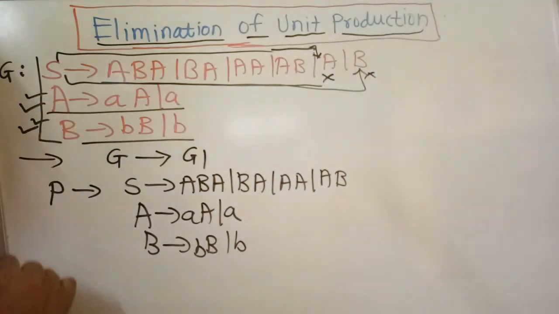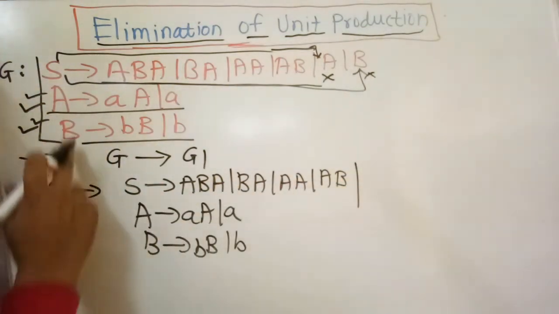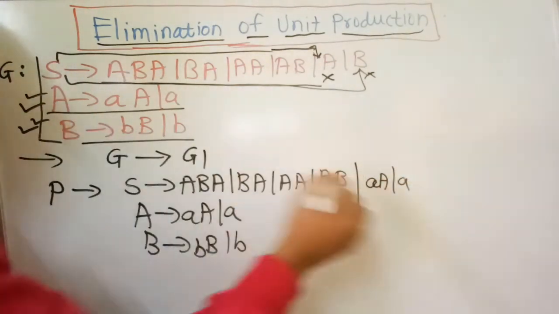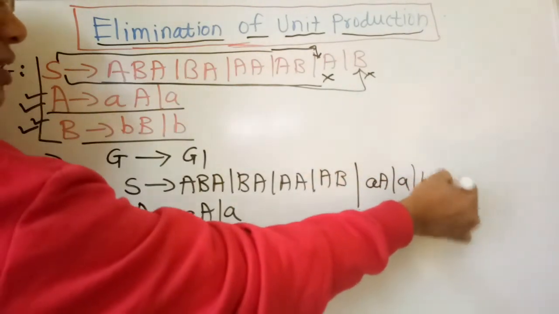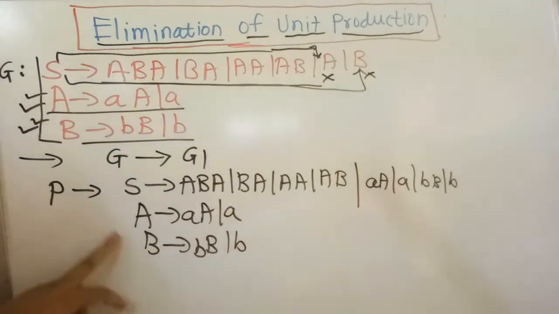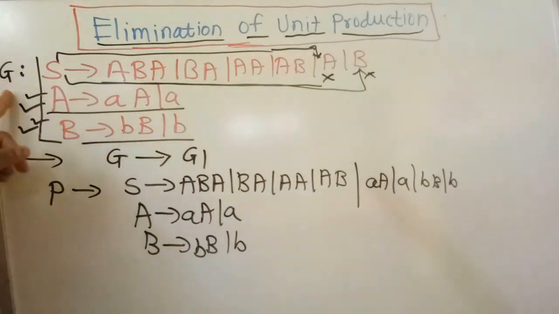So we include A's expansion, that is AA or A, and B's expansion, that is BB or B. So this is the final grammar G1 of the grammar G without the unit productions.